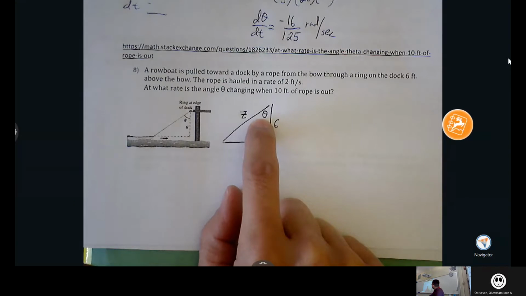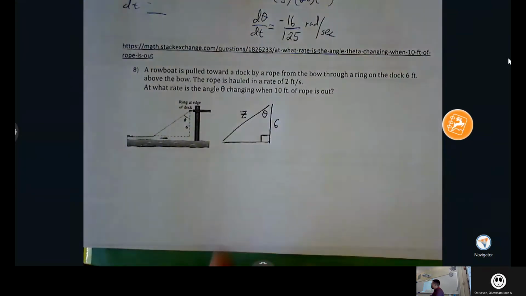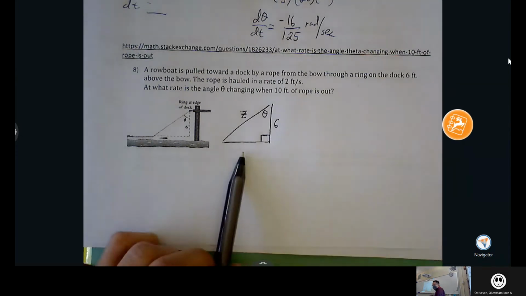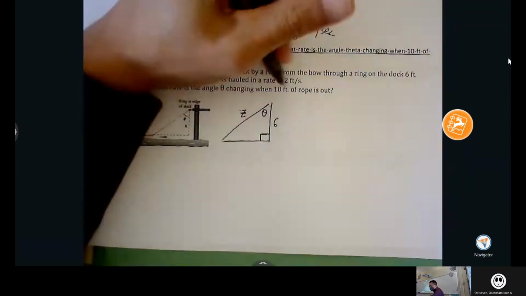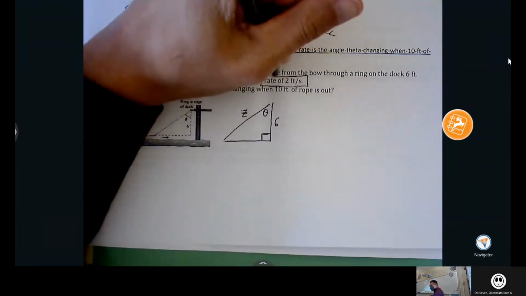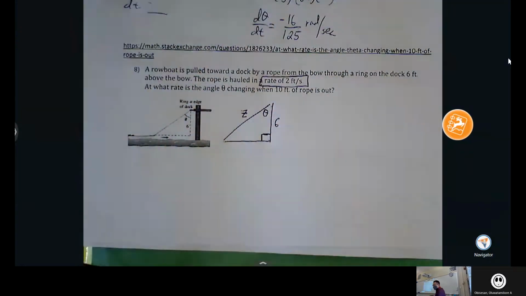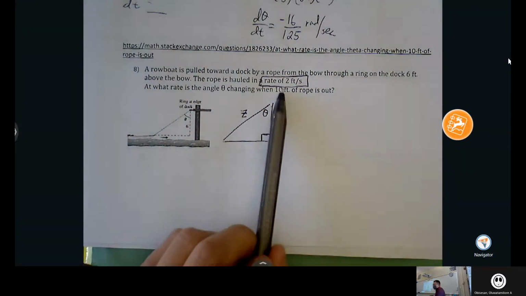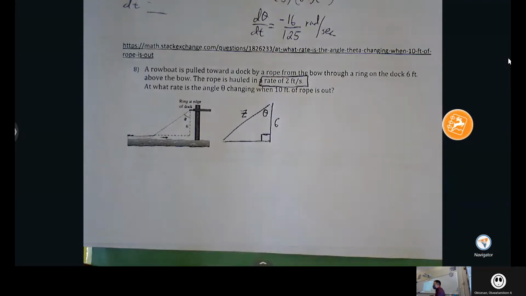And we're trying to find d theta dt. You put x in the bottom, or you just put 2 feet per second. Right, so 2 feet per second. What is 2 feet per second referring to? The rate. Of what? How fast it's going. So what variable are we going to make 2 feet?